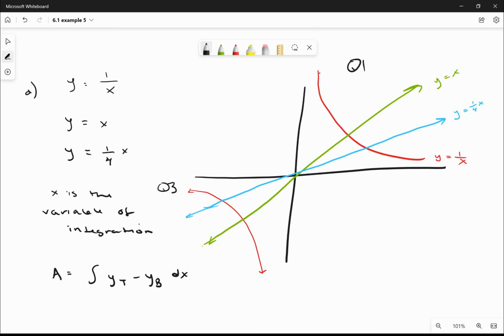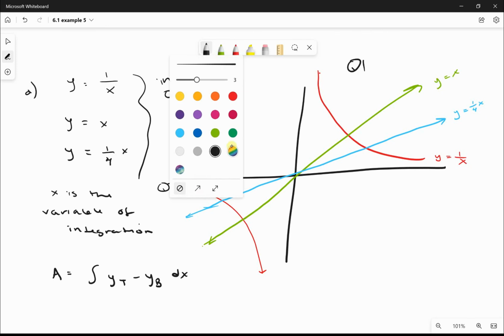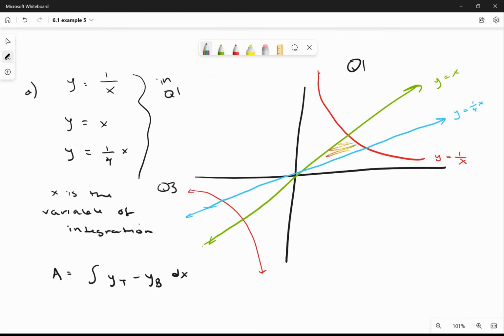So let's just find the area of the region in quadrant 1. We're just going to get rid of this portion of the curve, and look at this region that we have over here.